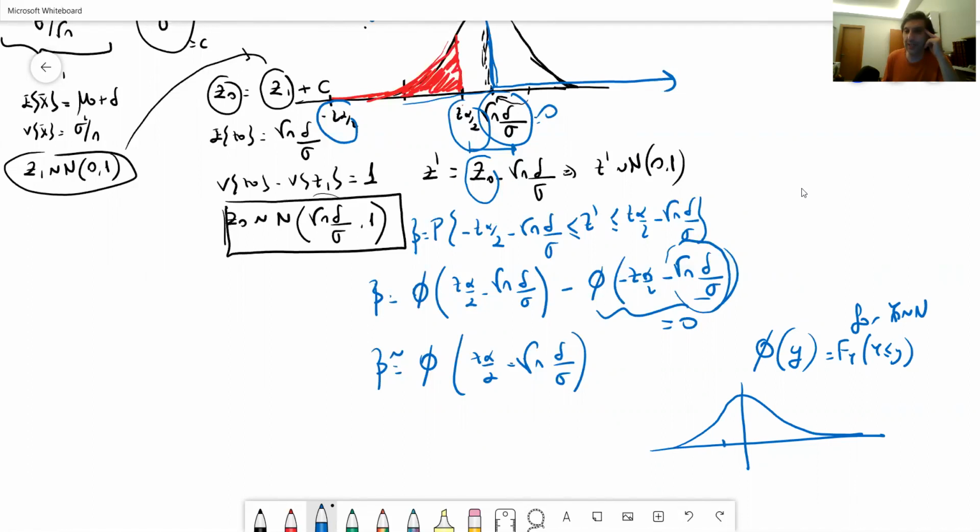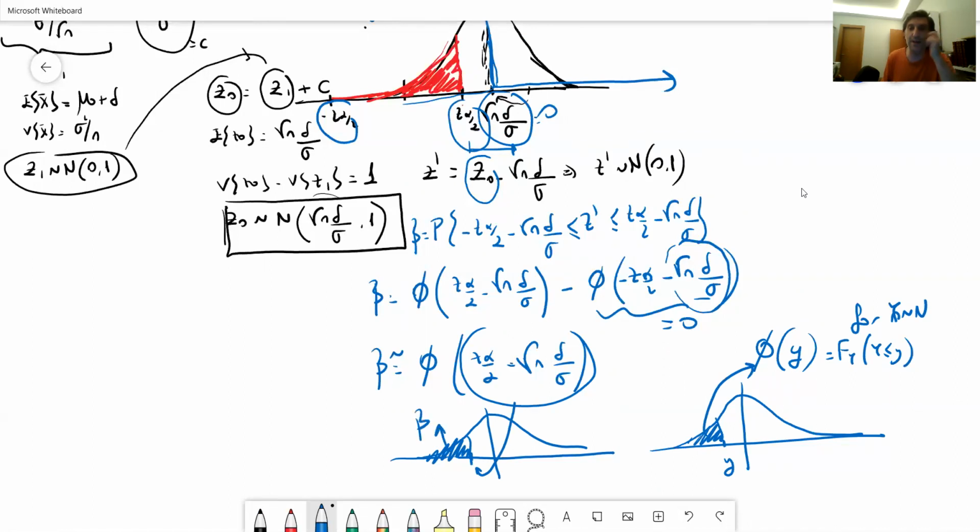Therefore, we are talking about a point here with an area equal to this one. The very same thing applies here: we have a standard normal distribution, and we are talking about the point Z alpha over 2 minus this thing, I don't need to write it again. This whole thing is located such that this area is equal to beta.